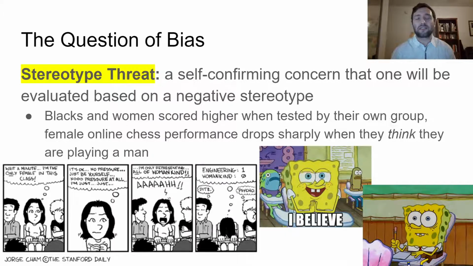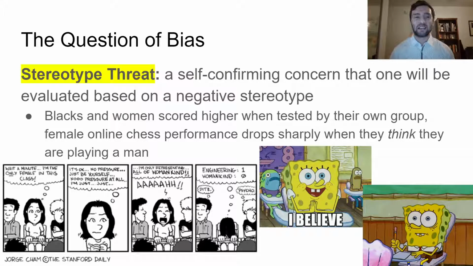There is another thing that can be very important and is connected to gender differences as well as ethnic and racial differences. This is what's called stereotype threat. I'm just going to read the definition before we talk about it. Stereotype threat is a self-confirming concern that one will be evaluated based on a negative stereotype.